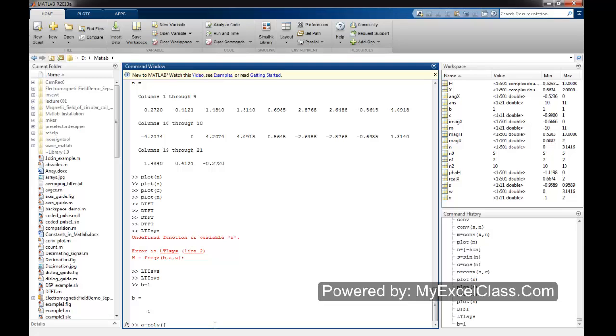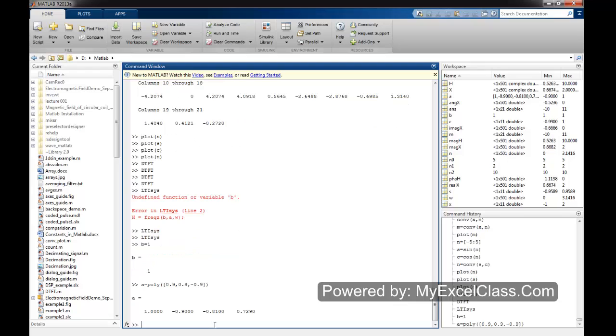Okay, 0.9, 0.9, minus 0.9 and square brackets and close. So these are your polynomials. Now I'm going to calculate the zeros and poles for this.